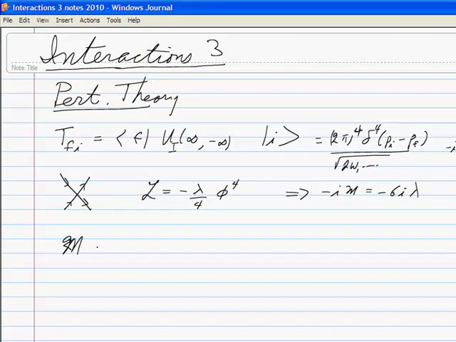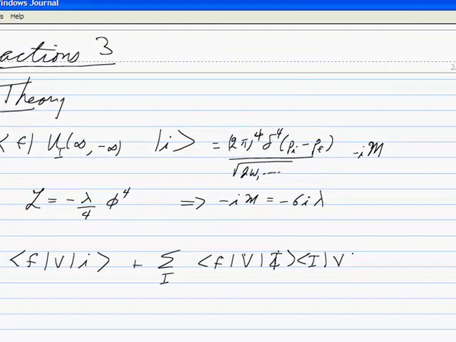Let me call it M here also, is final V initial plus sum over intermediate states, final V intermediate, intermediate V initial over energy denominators.